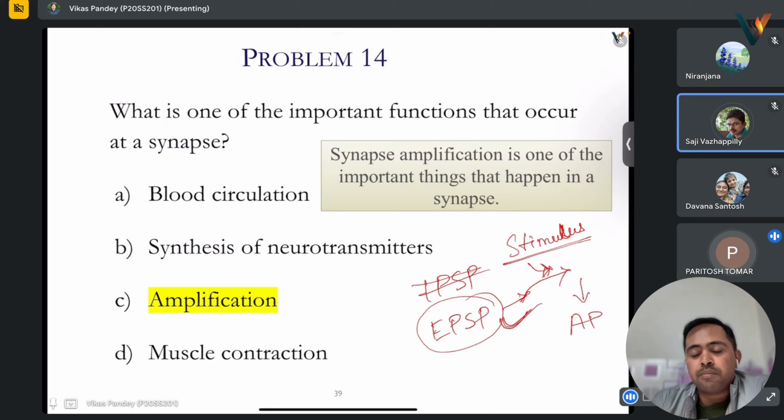What ensures the specificity of a neurotransmission action at a synapse? Specificity means specific to one particular thing, right? So what is the property that ensures the specificity of the neurotransmitter action at the synapse?